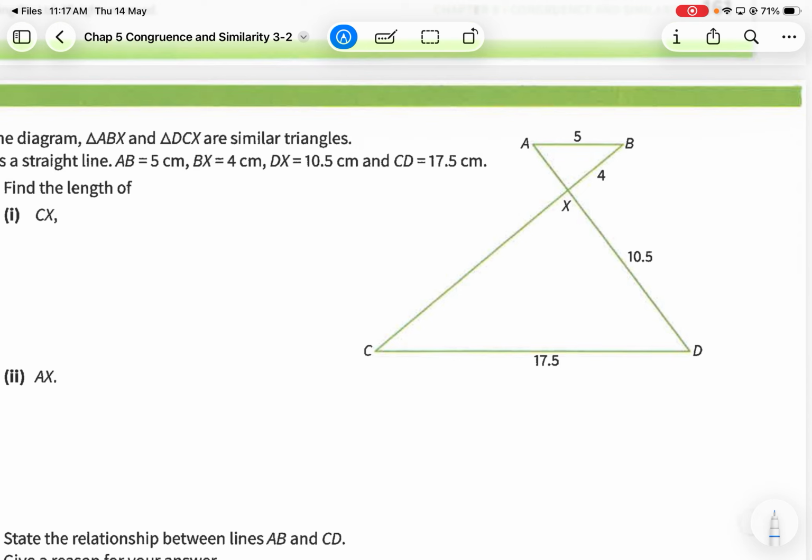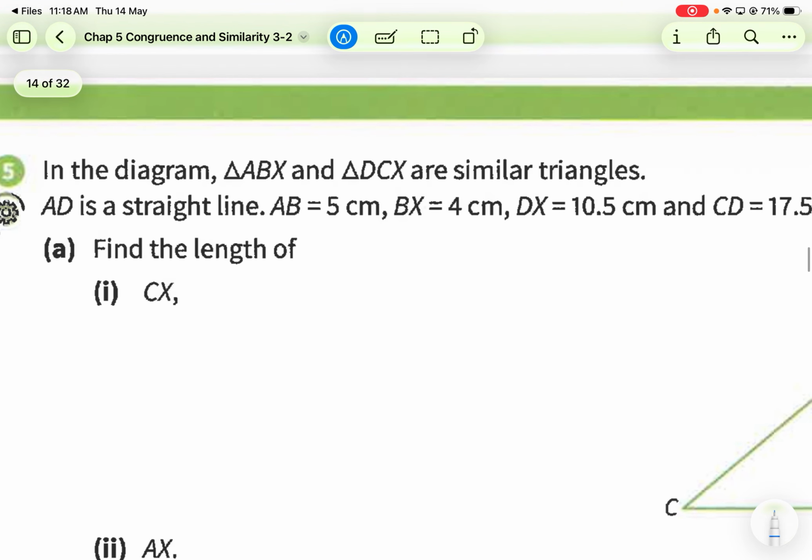Okay? So if I want to find CX, CX is in the big triangle, it is between the second and third letter, so it will correspond to BX in the smaller triangle, also second and third.